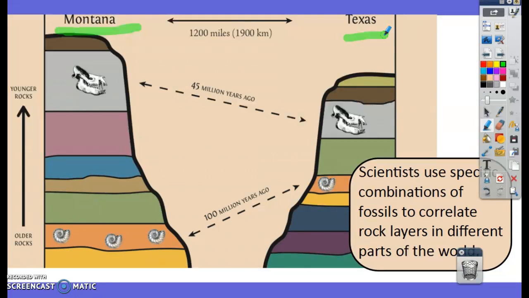You can see the different layers of rock, okay? Well, the scientist in Montana finds this T-Rex head, or whatever kind of dinosaur skull, okay? He also finds some shells down below, right? So we see that. The scientist in Texas also found that skull, and he found the seashells as well, okay?